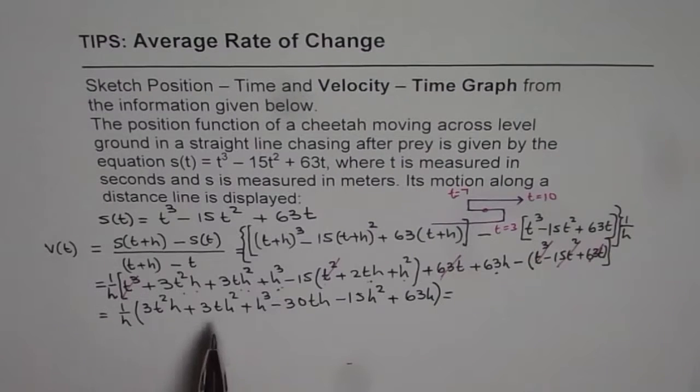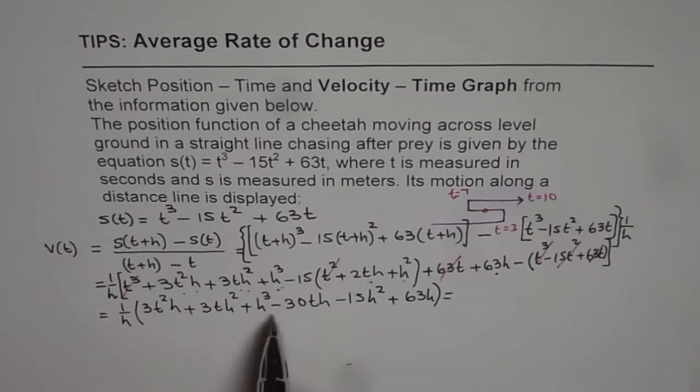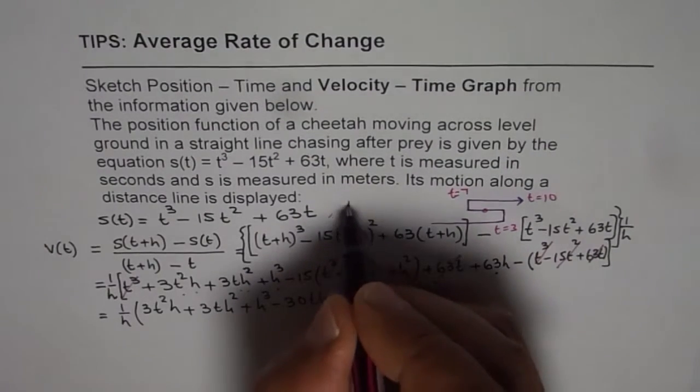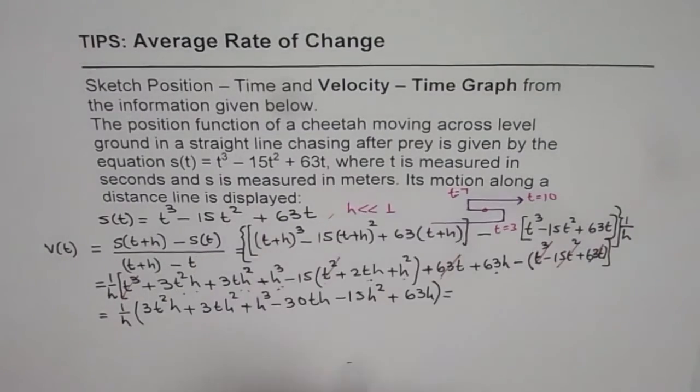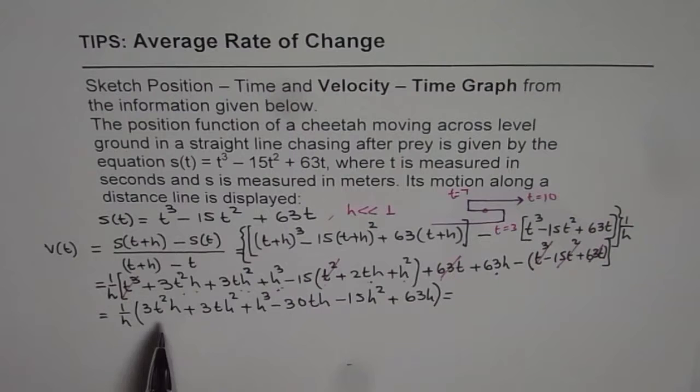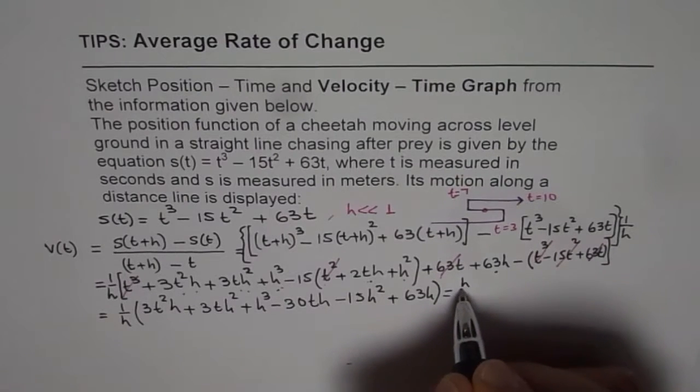Now from this expression, we cancel out h and rearrange these terms. We should know that h is a very, very small quantity, a small change in time. So h is very, very small as compared to 1. In the first step, we factor h out and then cancel it. So we are left with h over h.